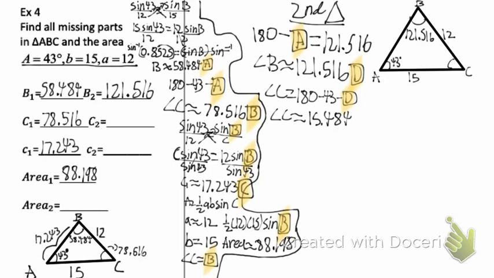So angle C2 equals 15.484. So we'll save that as letter E.